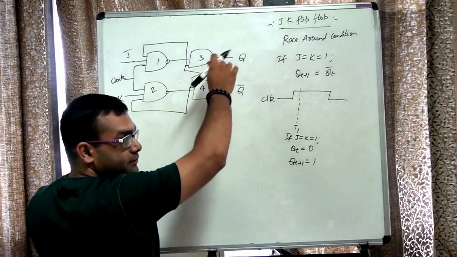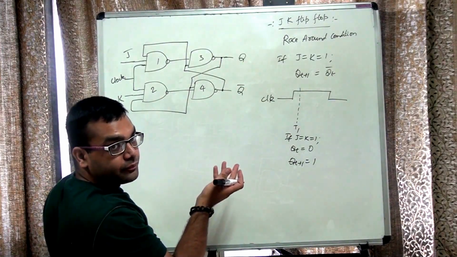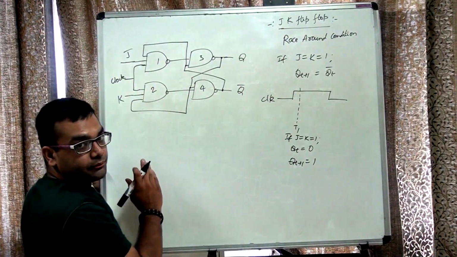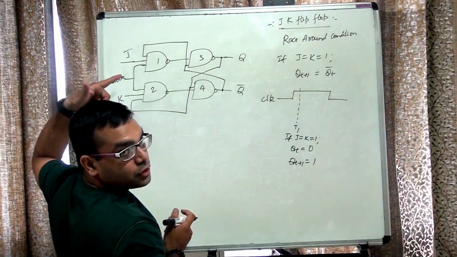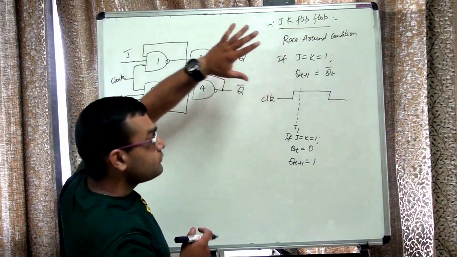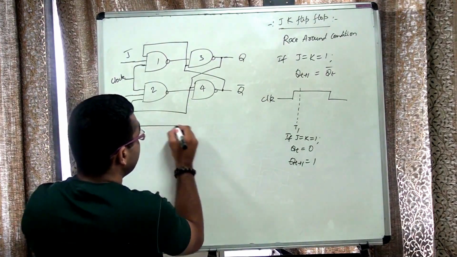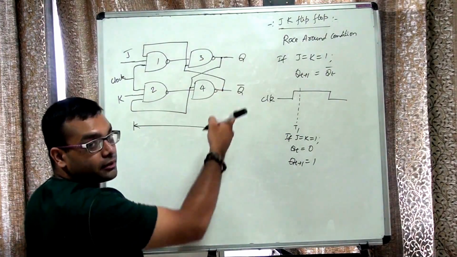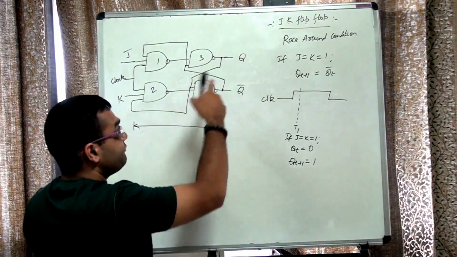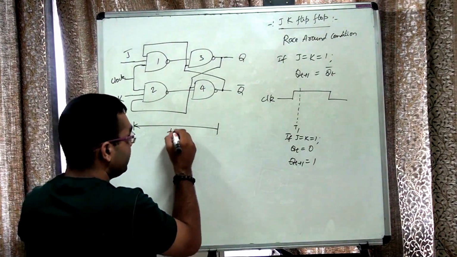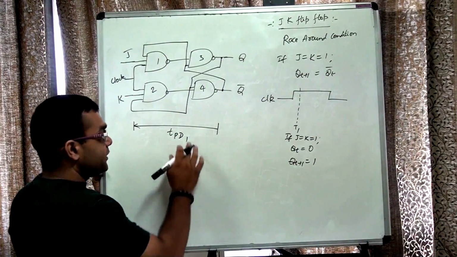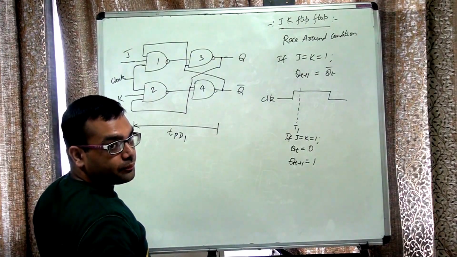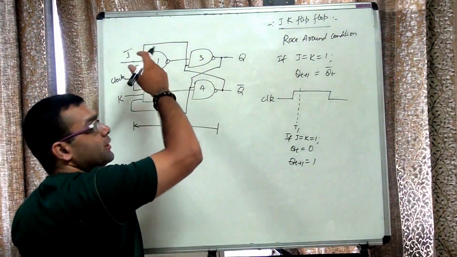Now let us consider the scenario that these outputs are propagating to the inputs of the gates. There must be a certain delay or time lag between the value appearing at the output, propagating to the input, getting computed according to the truth table, and again appearing at the output. Let us call the propagation delay of Q and Q bar through the feedback path to the inputs of gates 1 and 2 tpd1.